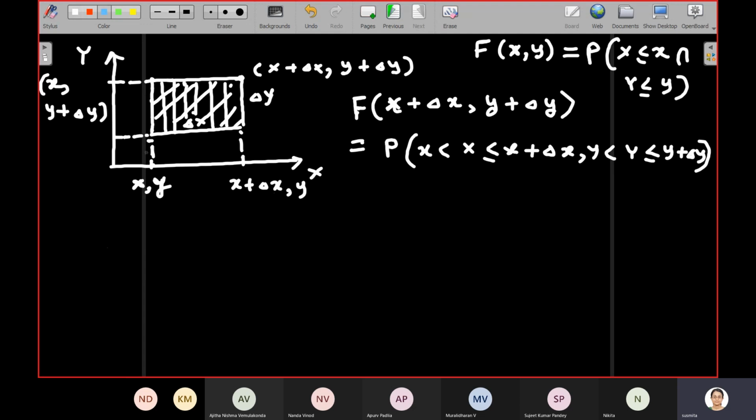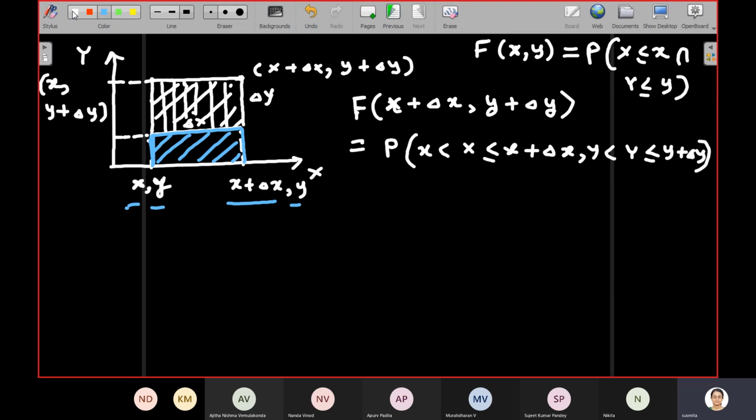Next, let's find the probability for this blue shaded area. So here x is varying from x to x plus delta x and y is constant, right?